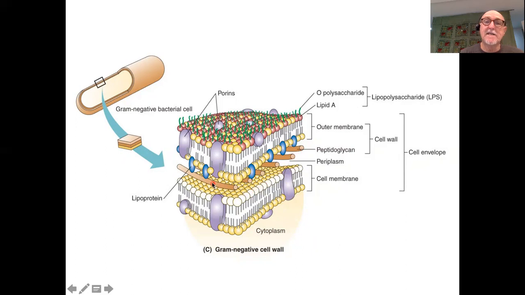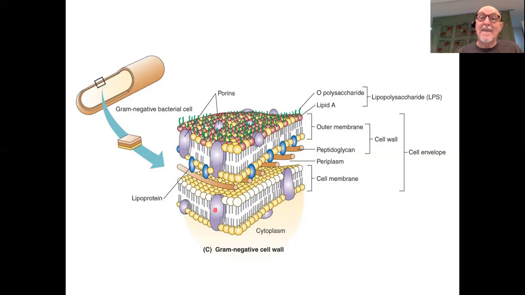On the outside, it still has some peptidoglycan, but it only has a thin layer, and there's no joining into layers above them. So it's just a thin layer, does the same thing. The peptidoglycan cell wall still offers osmotic protection to the cell. It's still required, but it is very thin.